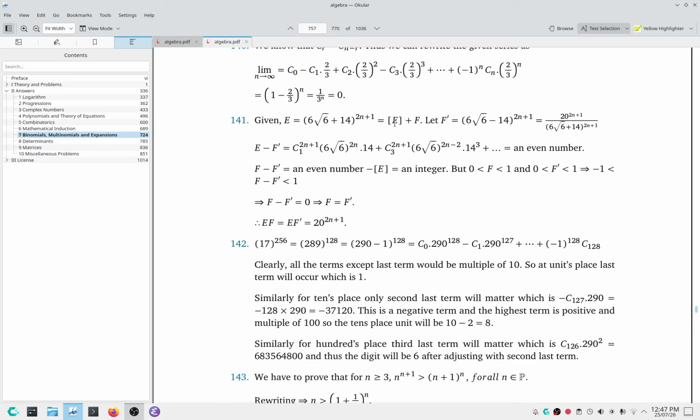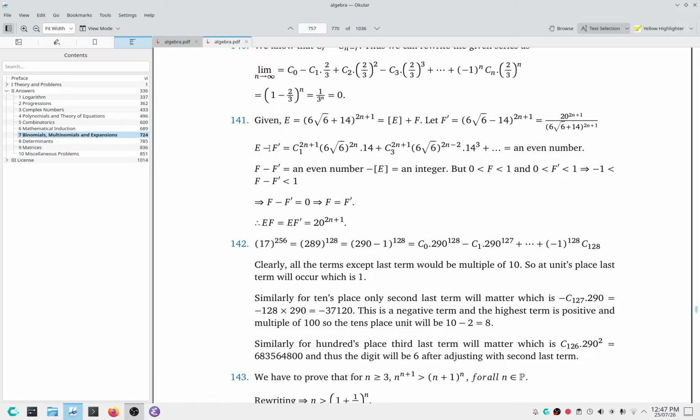So this is equal to the greatest integral function of E plus f. Now we let f dash is equal to (6 square root of 6 minus 14) to the power 2n plus 1, which will be equal to 20 to the power 2n plus 1 upon (6 square root of 6 plus 14) raised to the power 2n plus 1.